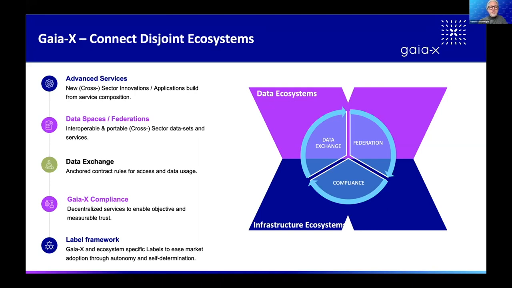But what do you need to trust? You need transparency, controllability, and interoperability. You are definitely strongly dependent on the provision of technologies that allow for objective measurement of trust. And of course, I believe, and this is what Gaia-X is trying to do, we need to overcome, or if you want, invert the paradigm shift from technology regulation, which has been the main focus of also the European Commission in the last decade, into regulation technology.